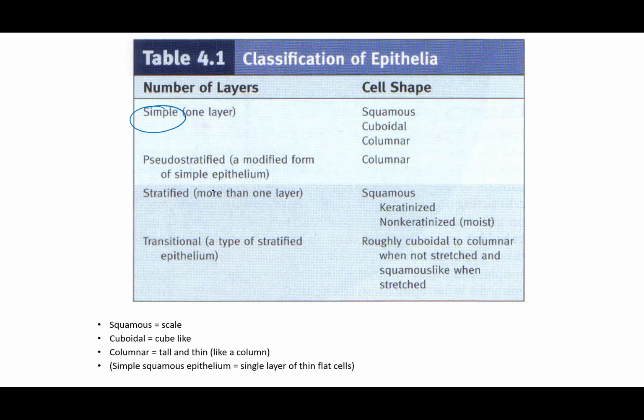If it is two or more layers, in histology we don't say it's multi-layered or it's five layers. We simply say stratified. Stratified means more than one layer.